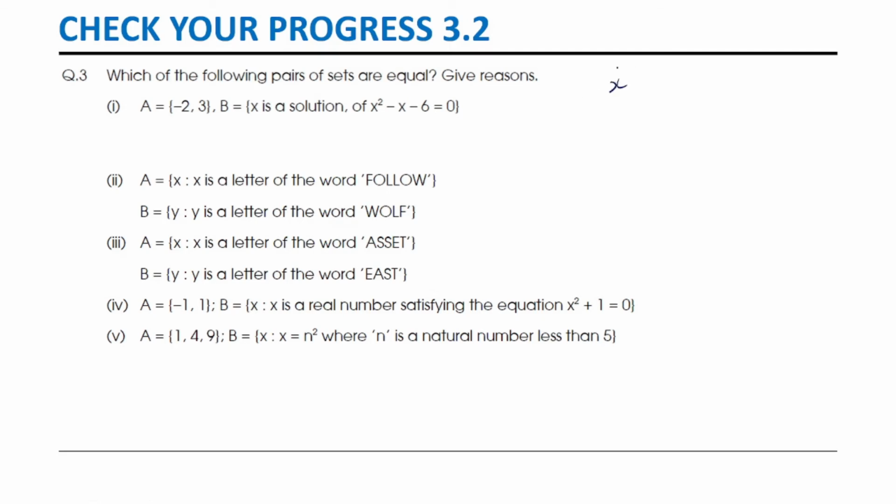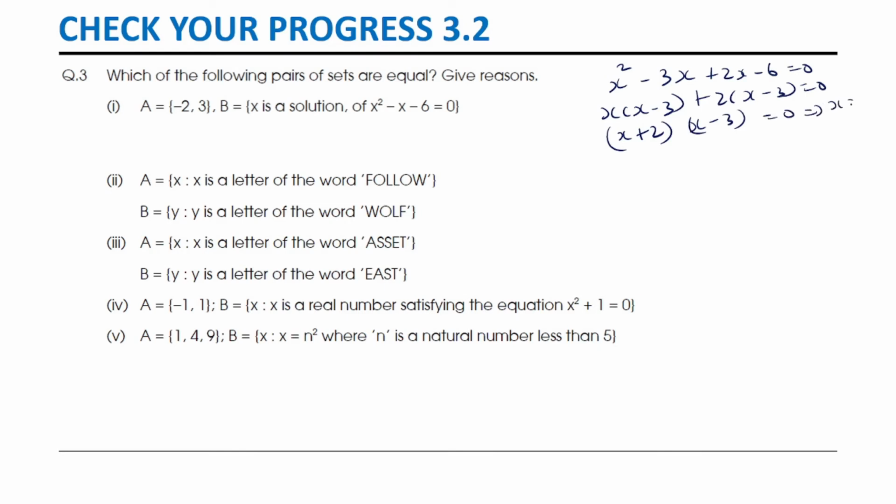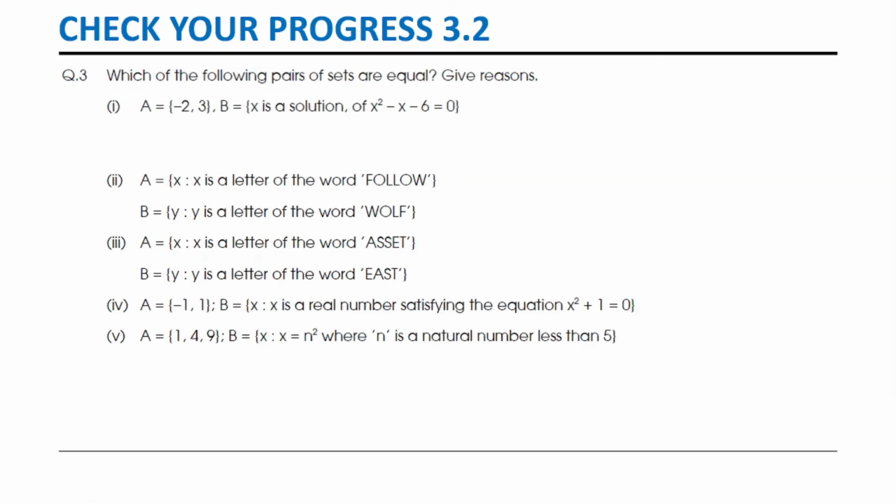So if we want to solve this equation, x square minus x minus 6, it is x square minus 3x plus 2x minus 6 is equal to 0, or x into x minus 3 plus 2 into x minus 3 is 0, x plus 2 into x minus 3 equal to 0, or this implies x is equal to minus 2 or x is equal to 3.